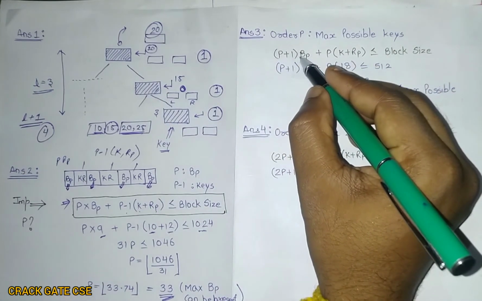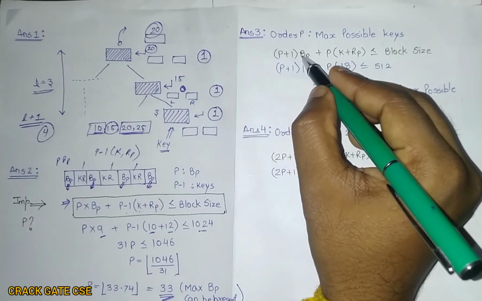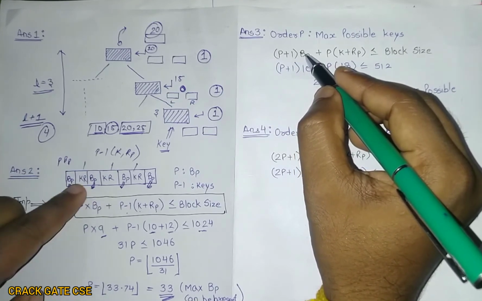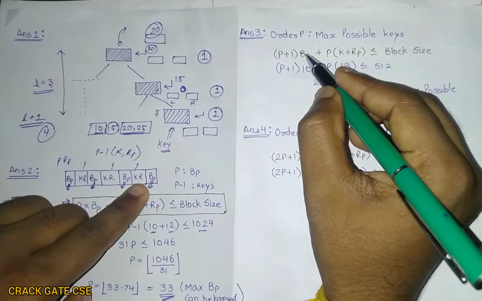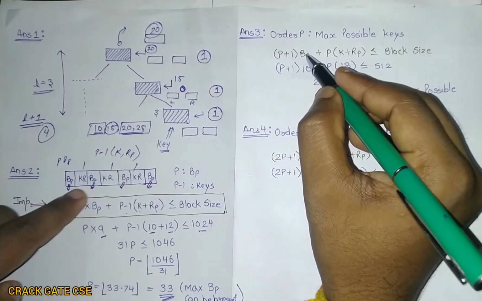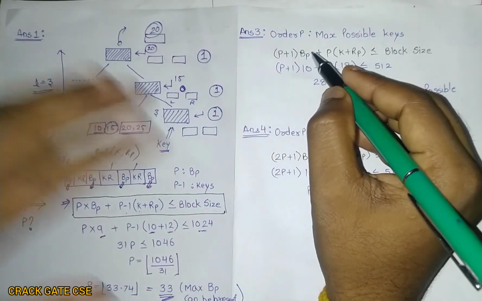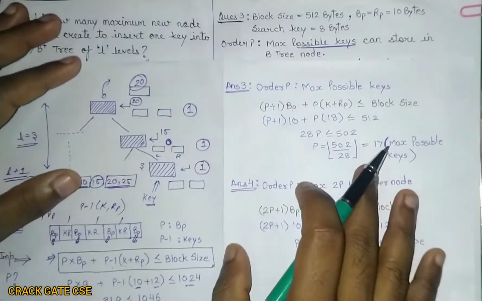P plus 1 block pointers, because keys are one less than block pointers. Here you can see we have 3 key record pointer pairs and 4 block pointers. So we have to modify this formula as per the given question.